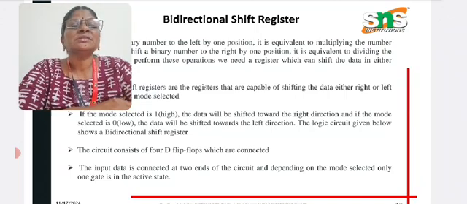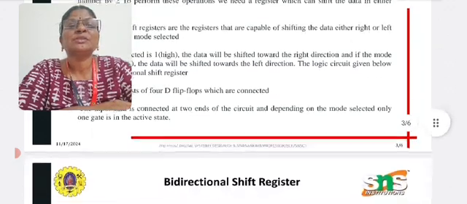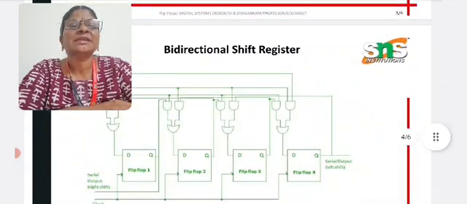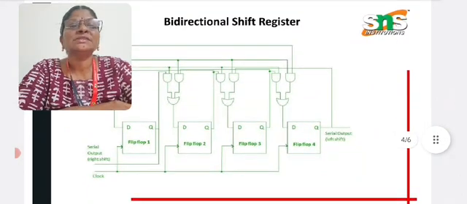We can discuss the same in this circuit. It consists of 4 D flip-flops. The input data is connected at two ends of the circuit, and depending on the mode selection, the gates will be in active state. So this is the logic circuit of a bidirectional shift register.